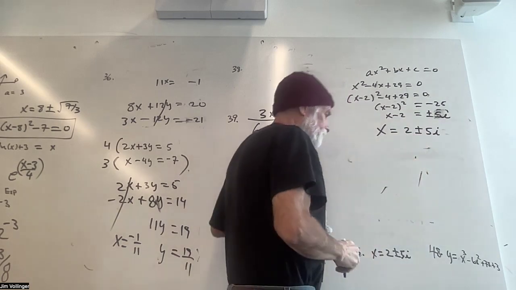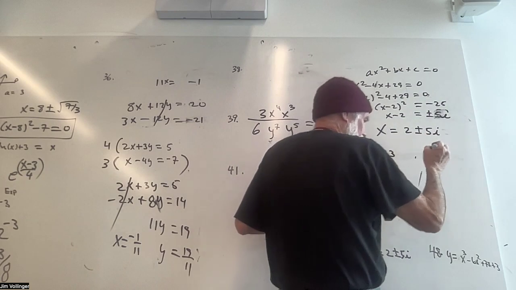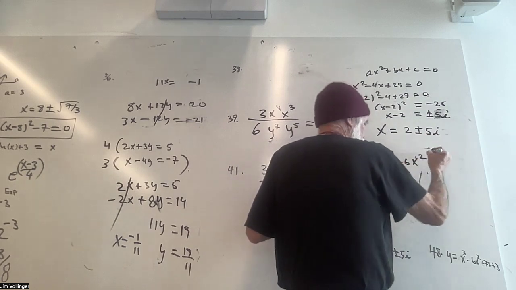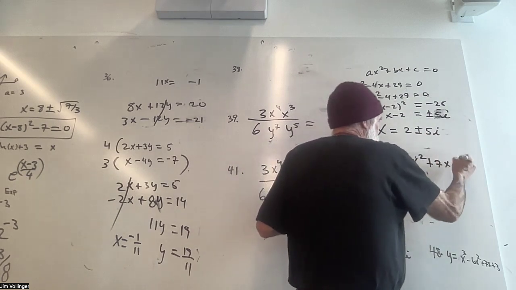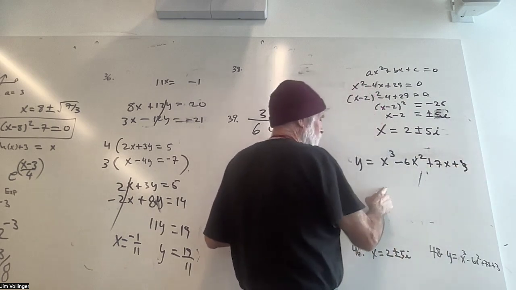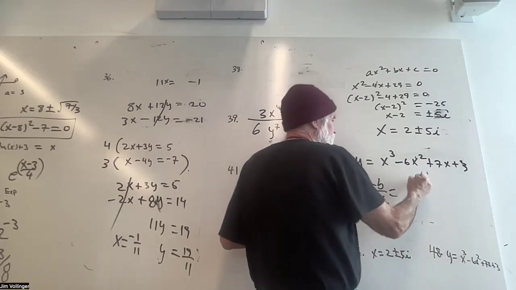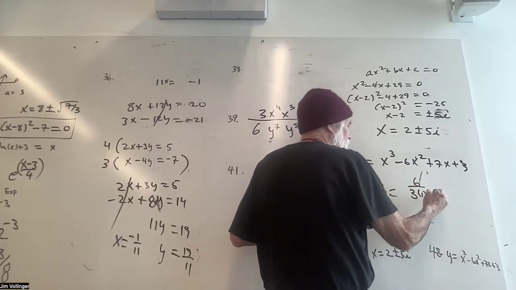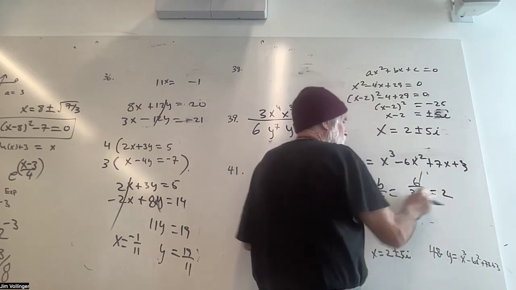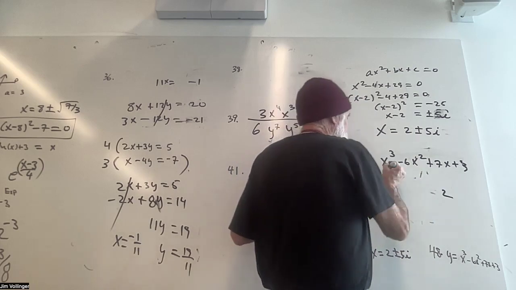Last step. Last one. y equals x cubed minus 6x squared plus 7x plus 3. What's the point of inflection? Well, it's going to be minus b over 3a. That's our salvation. Minus b, 6 over 3 times 1. I know I got to plug in the number 2. And if I plug the number 2 in, I'm going to get a 3-to-1 ratio of an opposite. That's 8.